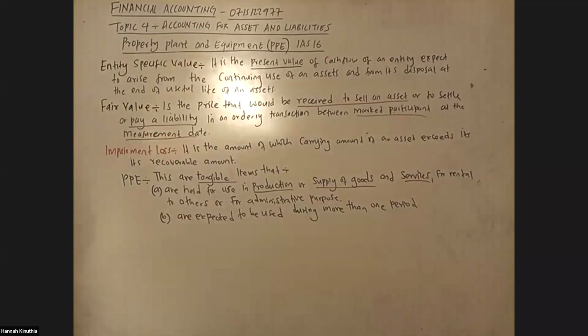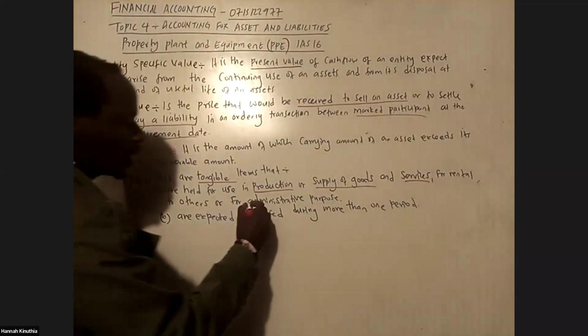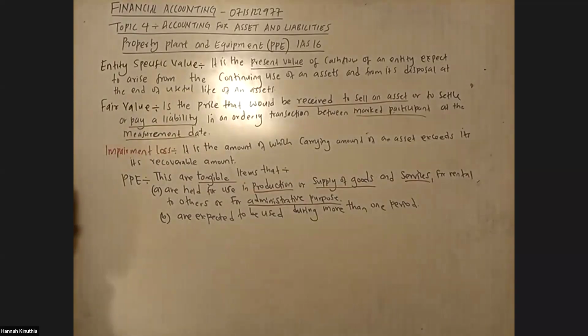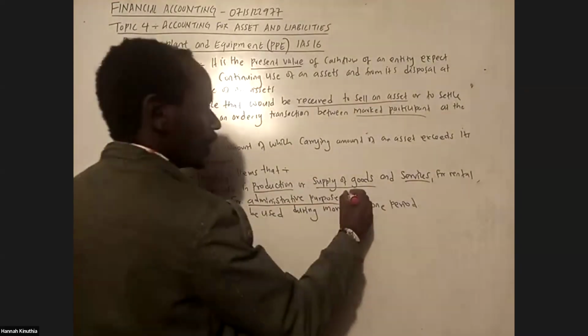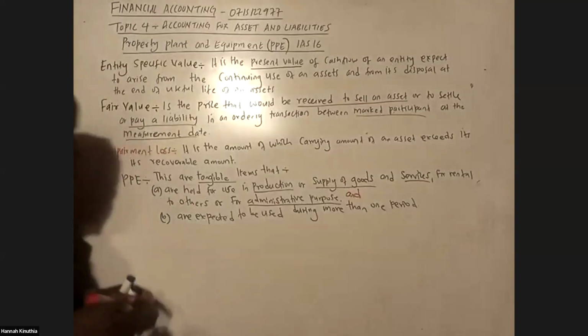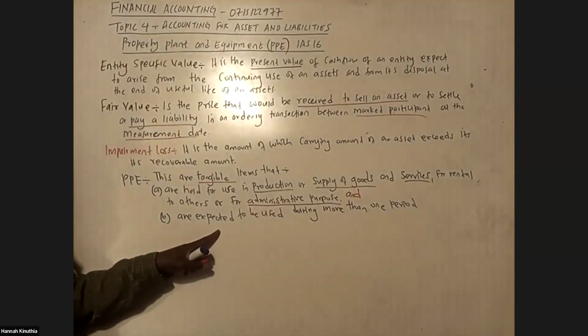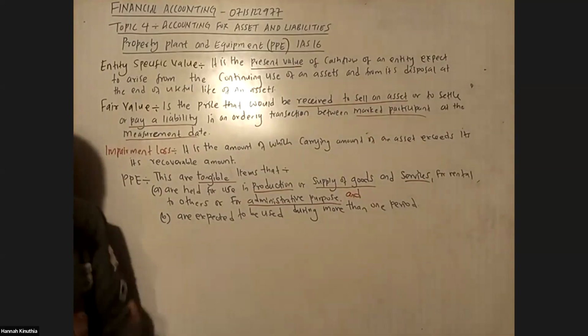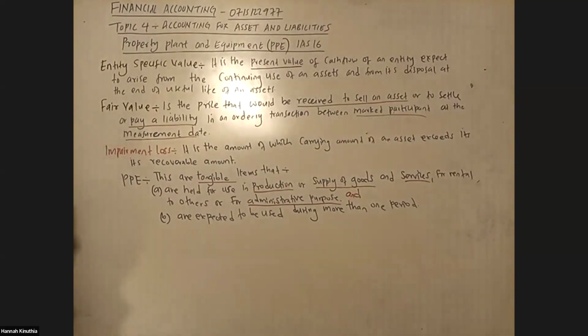So you can rent a building, or for administrative purpose. So that building can also be used, or that asset can also be used for administrative purpose, and are expected to be used for more than one period. So that's the definition of the word PPE.